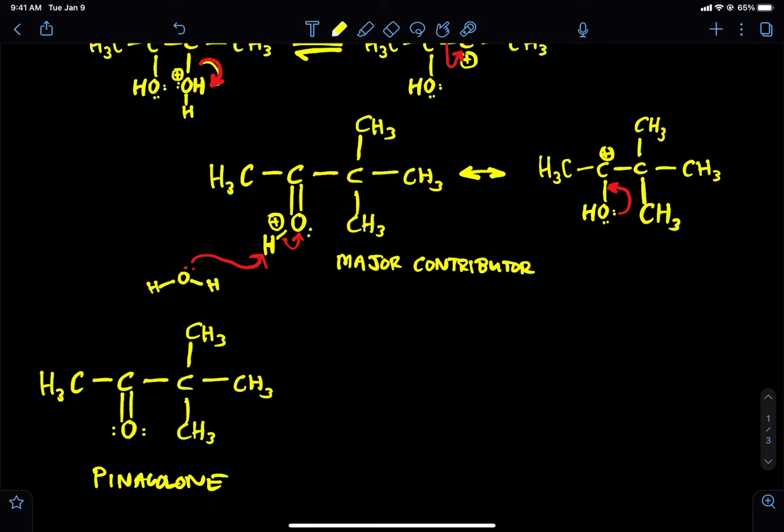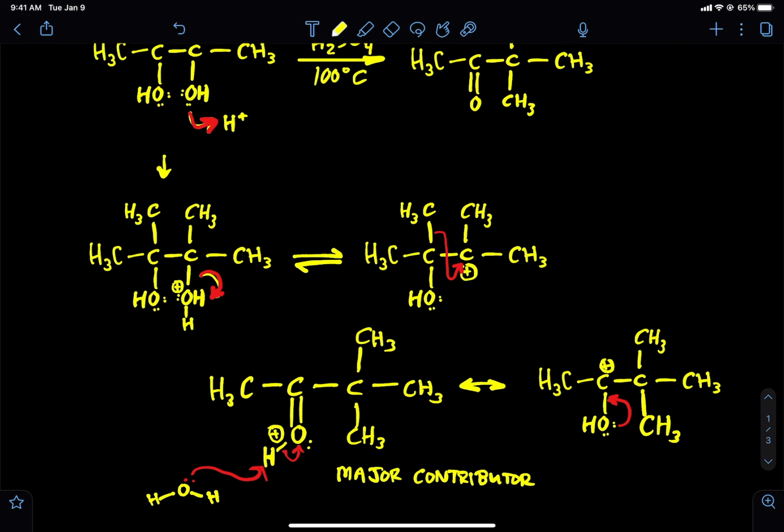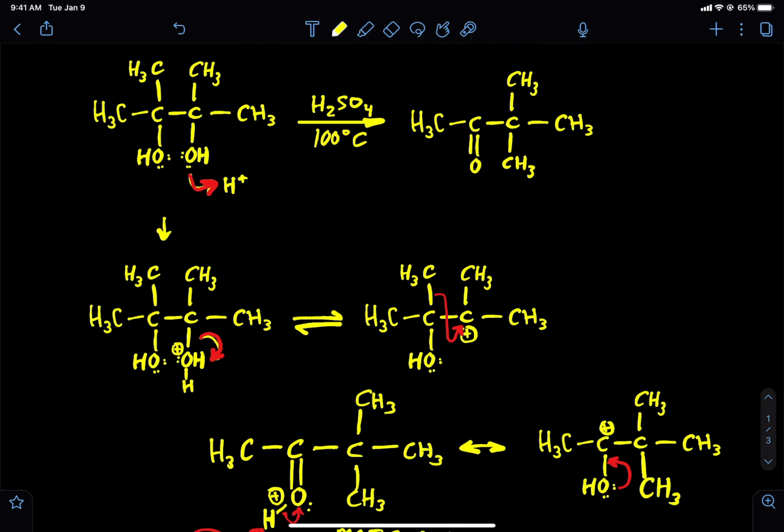Again, very logical, right? Proton transfer, very rapid. We protonate the most basic or electron-rich portion of the molecule, one of the alcohols. After protonation, we have water. Water is happy to leave because it generates a tertiary carbocation.